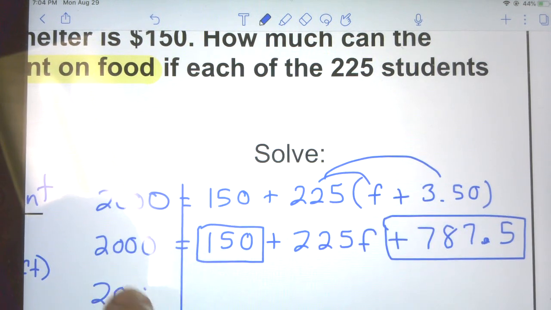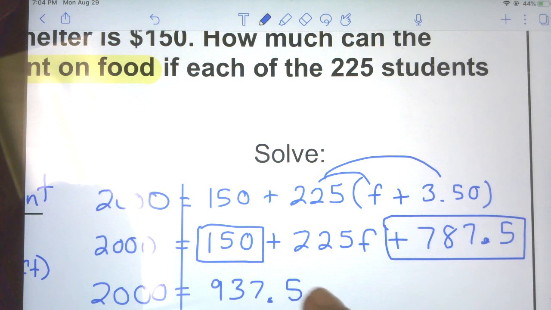So again, I will bring down my 2,000. So 787.5 plus 150 gets me 937.5. So that's after I combine the like terms, plus the 225F.